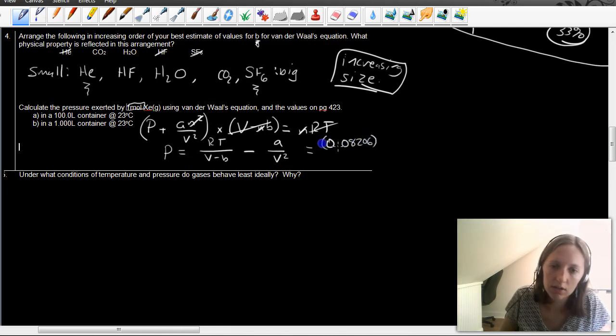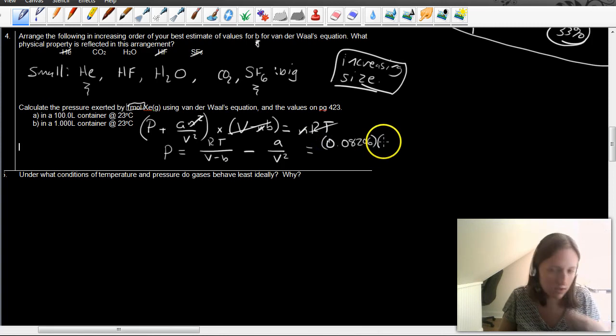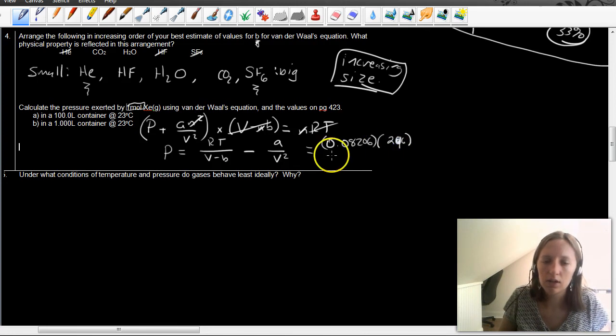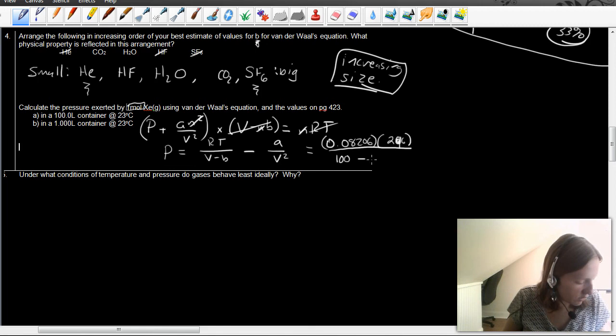So put in your values for that, and you end up with R, which is 0.08206. Your temperature, which is 23 degrees, which is 296 Kelvin. And V minus B, your volume is 100. And your B, if you go look in your textbook at the value for xenon, it's 0.051.